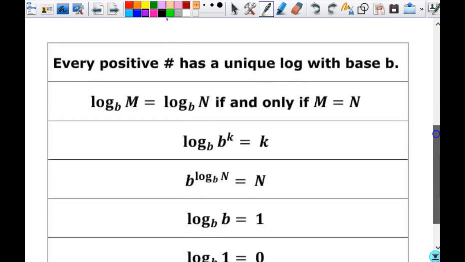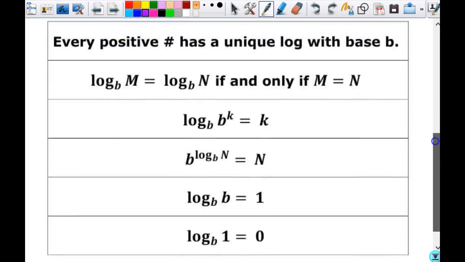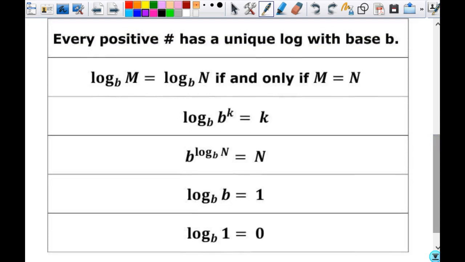Okay, so here is a set of properties that we have right now. Every positive number has a unique log with base b, every single number. And if log base b of m equals log base b of n, that's true if and only if m is equal to n. That should make sense. Algebraically, whatever you do to one side, you do to the other. So if I have m and n and I take the log of both sides, then it's still equal.